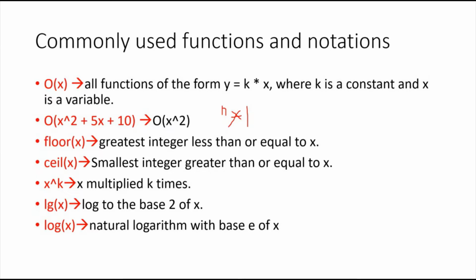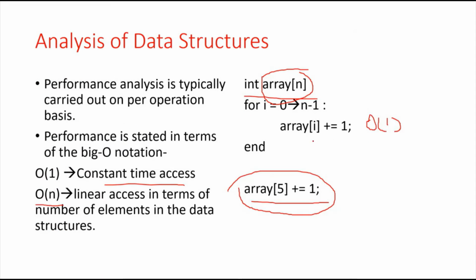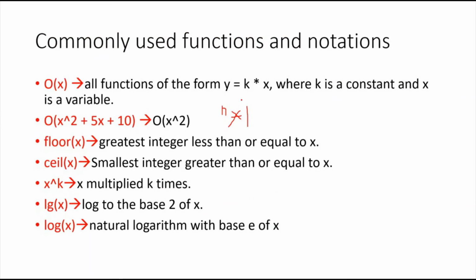This is a big O of 1 operation and we are performing it n times, means here the value of k is n and the value of x is 1, that is total big O of n.